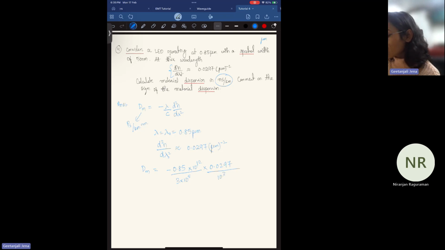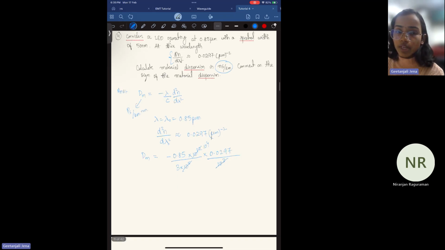So to get picosecond per kilometer nanometer, you have to multiply with 10 to the power 4. If you just multiply it by 10 to the power 4, then you can get dm in terms of picosecond per kilometer nanometer. So this will give minus 84 picosecond per kilometer nanometer.